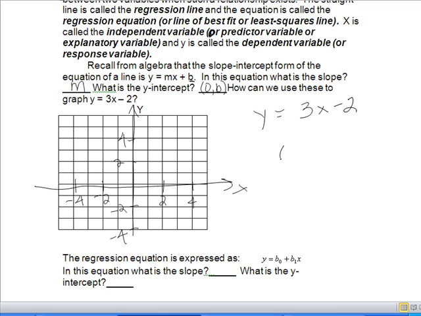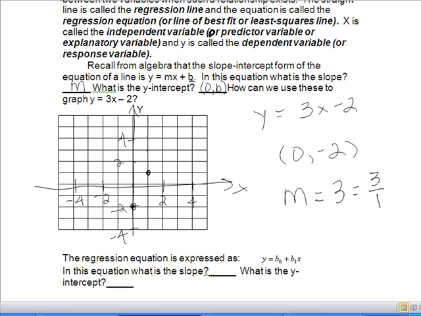And our slope, m, is 3, which as a fraction we could write as 3 over 1. Remember, slope is defined as rise over run, or vertical change over horizontal change. So (0, negative 2) is located there, and we use our slope: up 1, 2, 3, and over 1. You can do it again, up 3, over 1, to get another point if you want, and then we can graph our line.